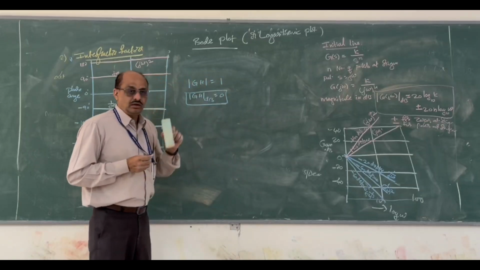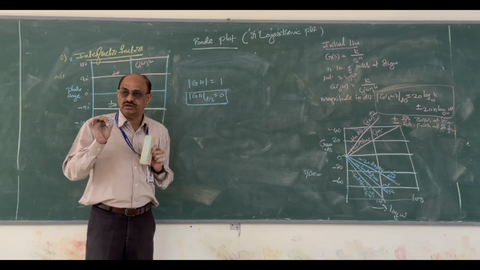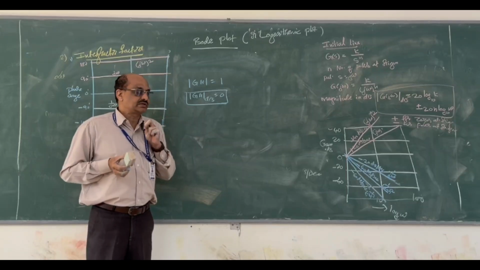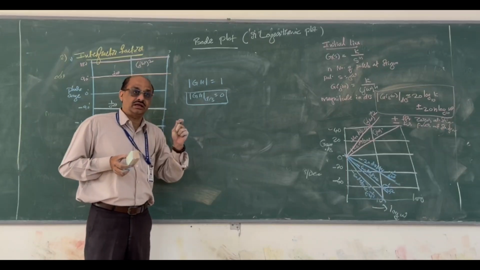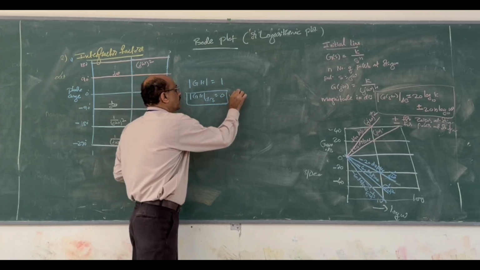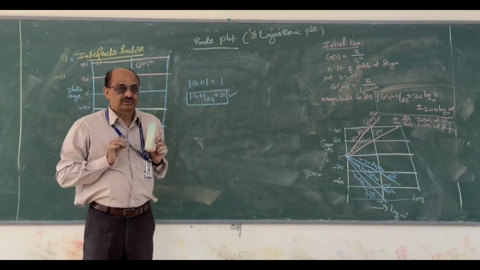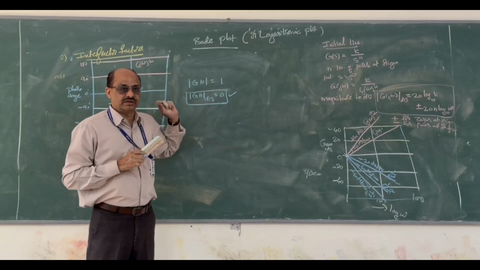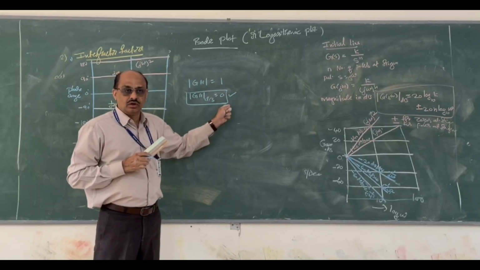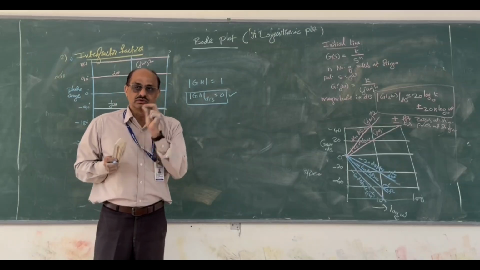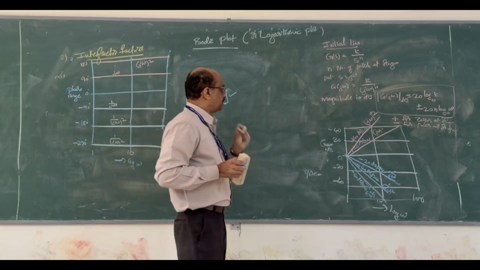The relative stability is now stated in the Bode plot with respect to the 0 dB line, because 20 log 1 is equal to 0. So the 0 dB line comes into picture.